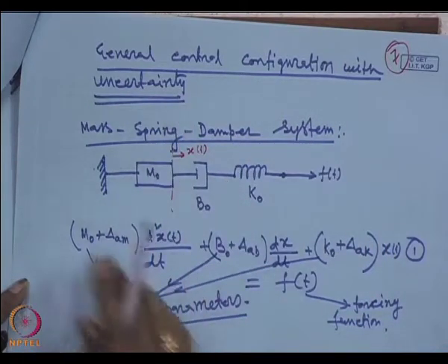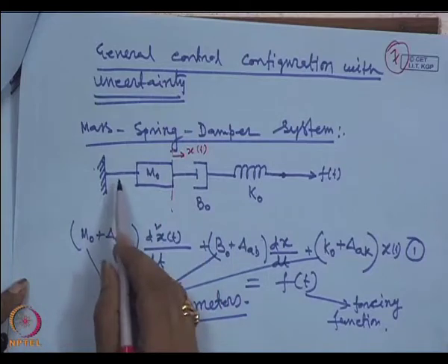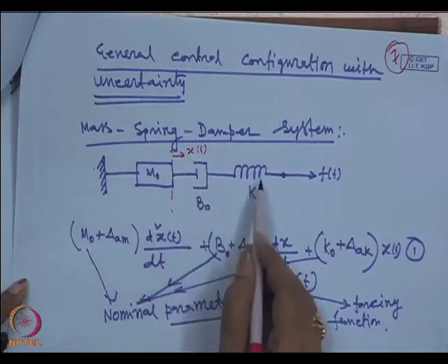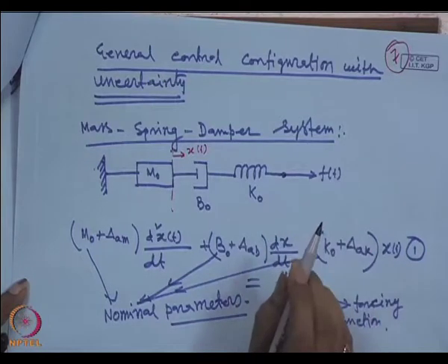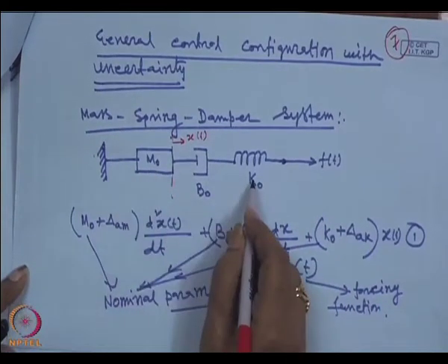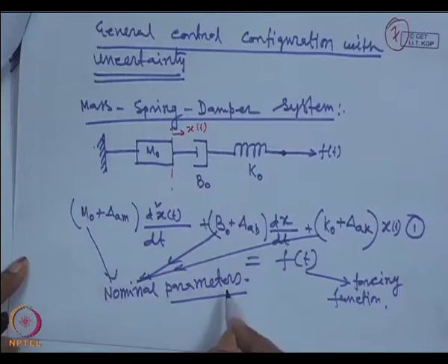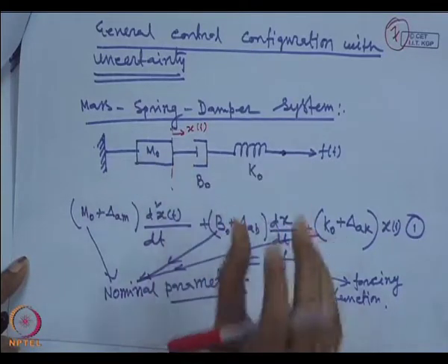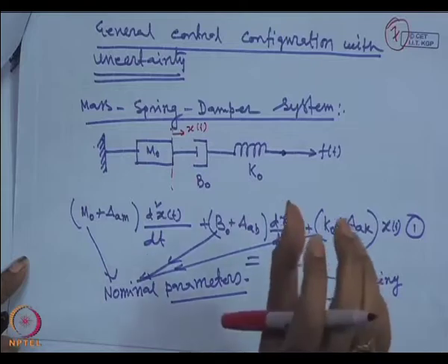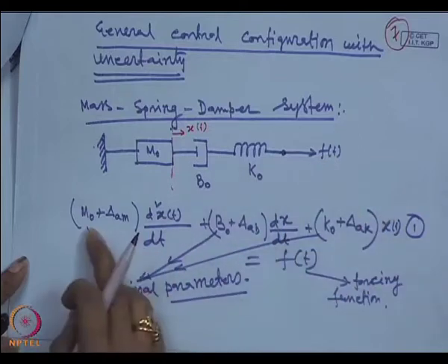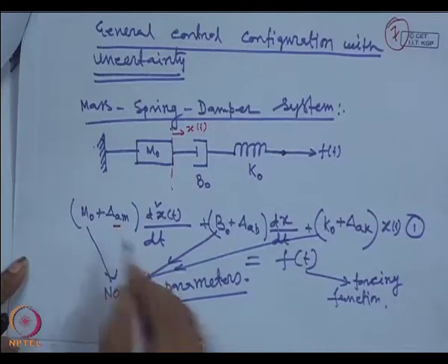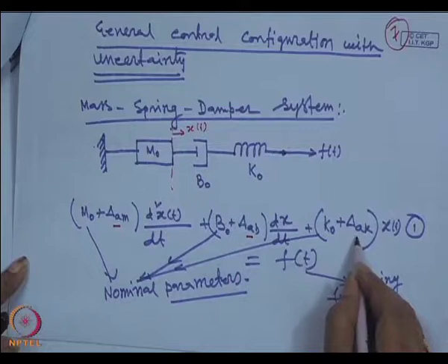Let us see, we have a mass, then a damper and spring, and the force F of t is applied. Here m 0, k 0, b 0 are the nominal parameters of the mass, spring and damper model, and the actual mass is something else, so we compensate with delta A m, delta A b, delta A k.